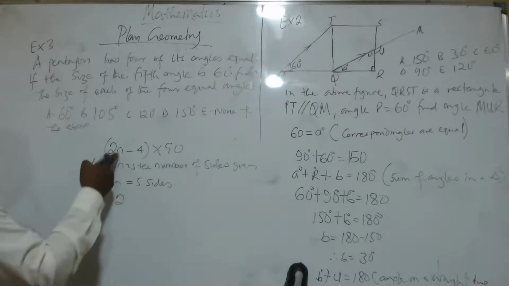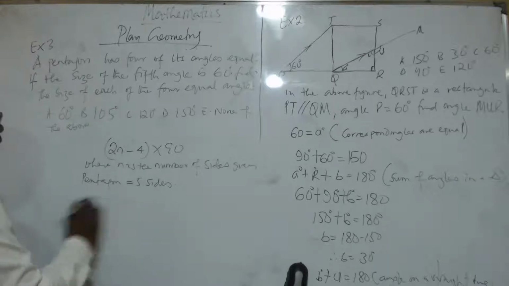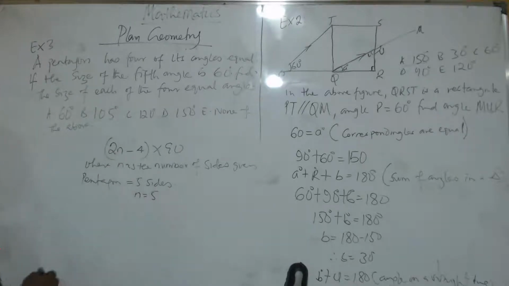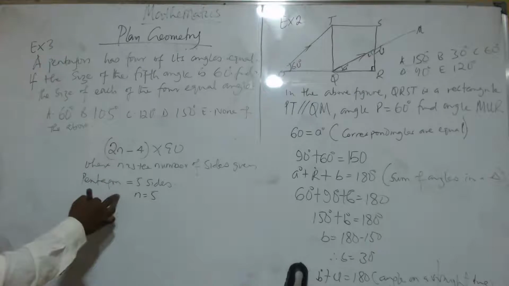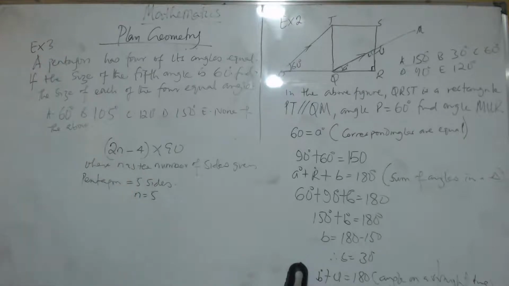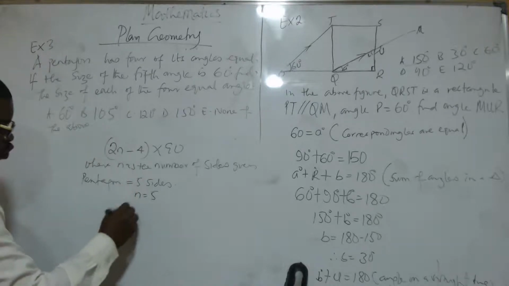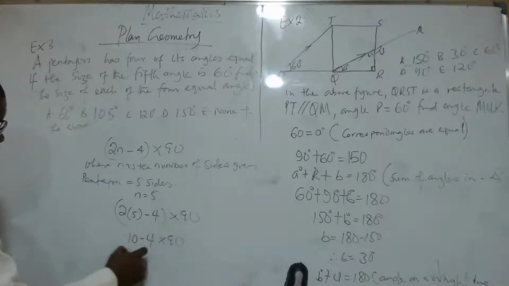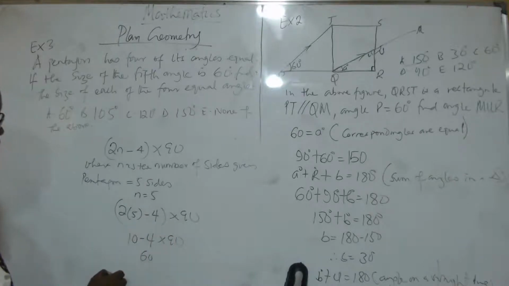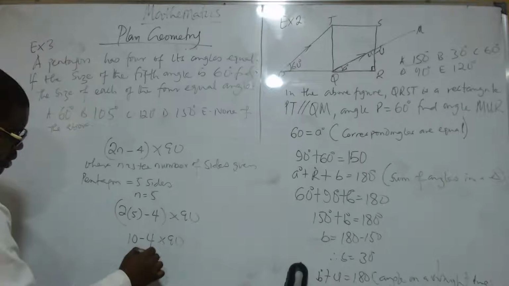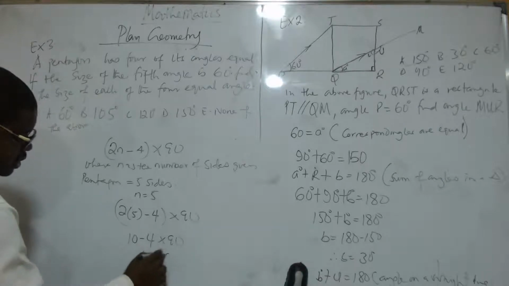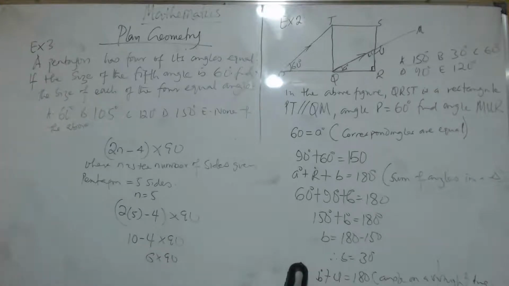So 2n now becomes, our n becomes 5, since it's a pentagon, which means having 5 sides. So here we're going to have 2 times 5 minus 4, times 90.